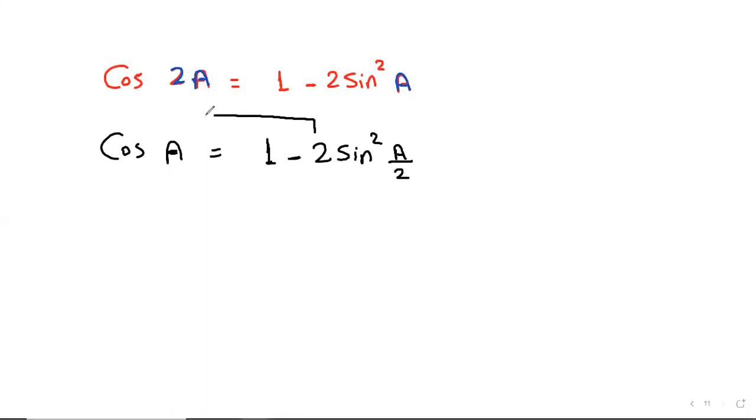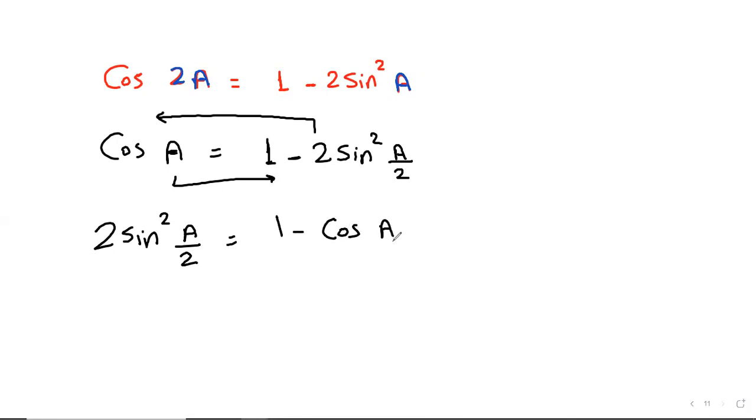We can move it to the next side and move this to this side. So 2 sine squared A over 2 is equal to 1 minus cosine A. I want to get rid of this 2, so divide by 2 both sides.